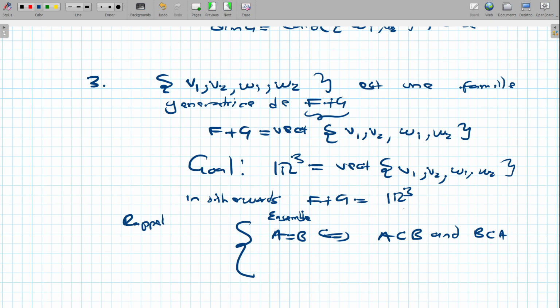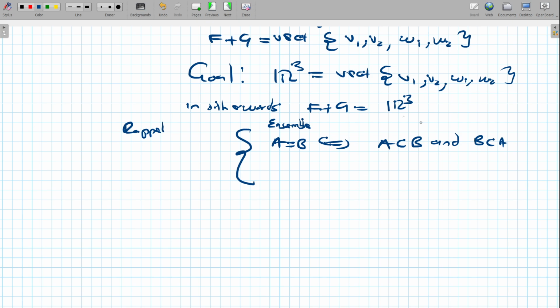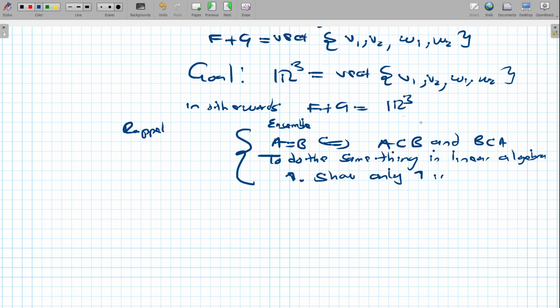Here in linear algebra, to do the same thing, what we have to do is, first, to show only one inclusion.